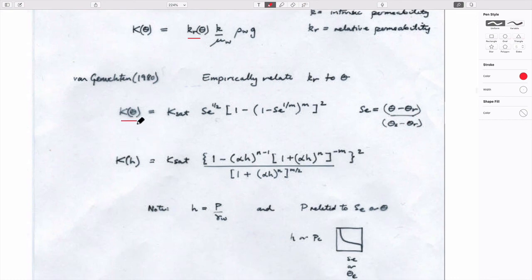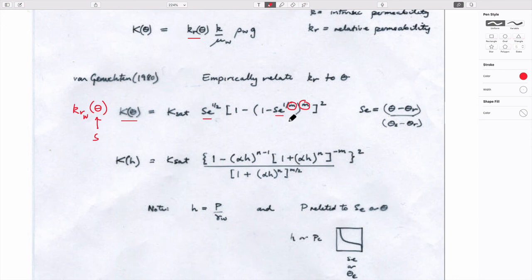This would be the equivalent of what we've called K sub r to water as a function of volumetric moisture content, or it could be as a function of saturation, I suppose. And it's a function of effective saturation, and it's a function of these parameters of m, only of m in this particular case.